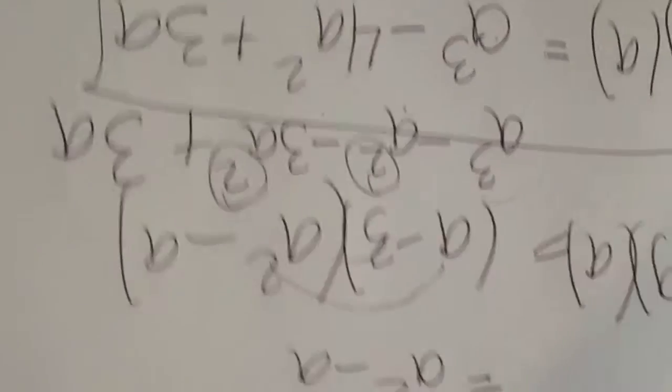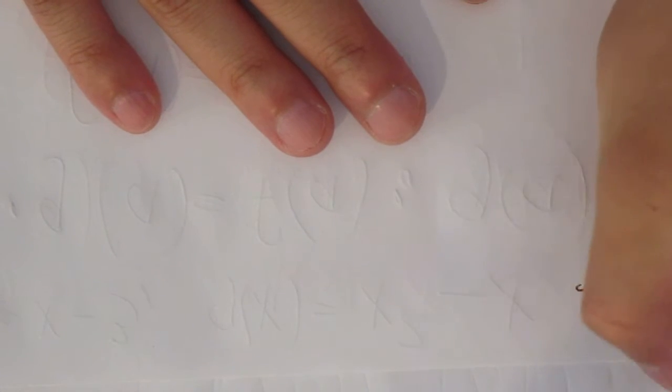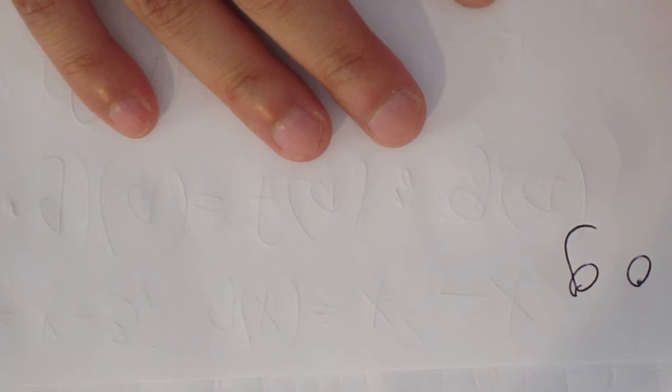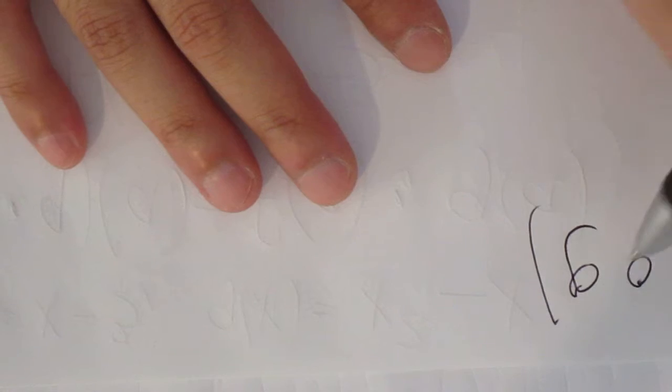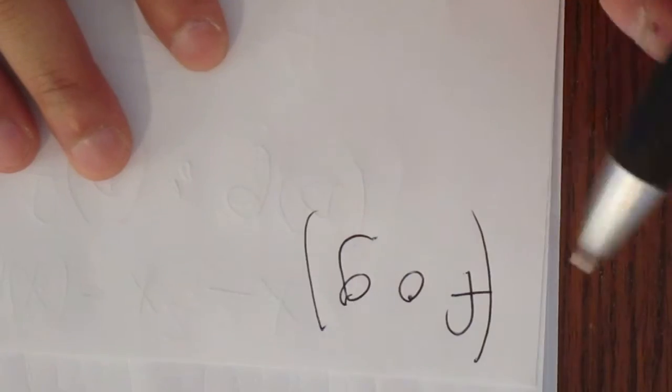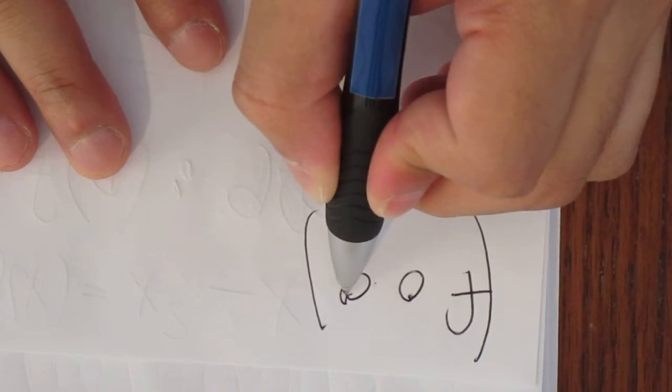Okay, so let's do the fog and Goff. So basically, fog means you're putting the function g into the function f.